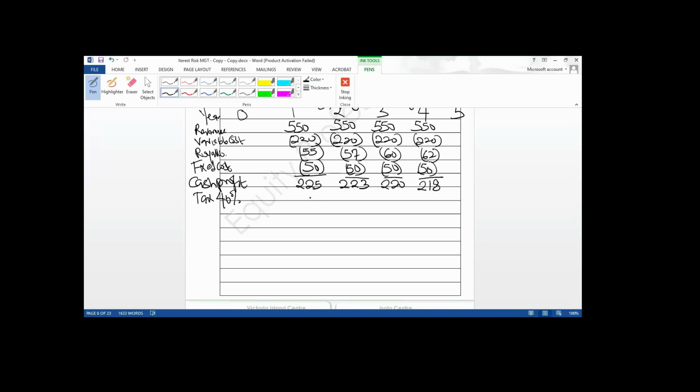That is tax for year 1 to be paid in year 2. 40% of 223 is 89, tax for year 2 to be paid in year 3. 88, to be paid in year 4. And this tax will be paid here, 87.